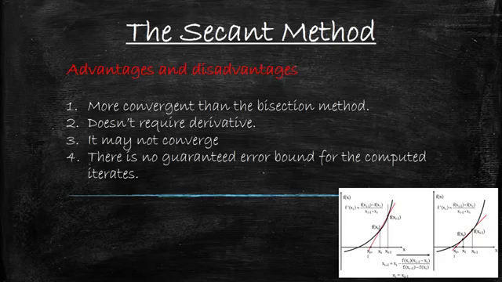We require a derivative there, but here we do not require the derivative. It may not converge. Again, the problem is, if your initial guess is not appropriate according to the root, then it will not converge. There is no guaranteed error bound for the computed iterations.